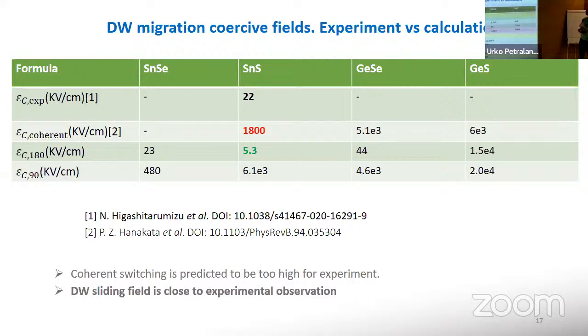However, the coercive field derived from the coherent switching energy curve gives you 2 orders of magnitude larger value. So there's something wrong with that. In our simulations, looking at the energy barrier of the domain wall propagation, we get 5.3, which is the same order of magnitude as the measured electric field.